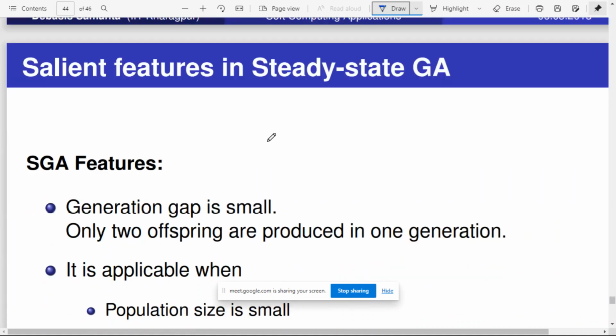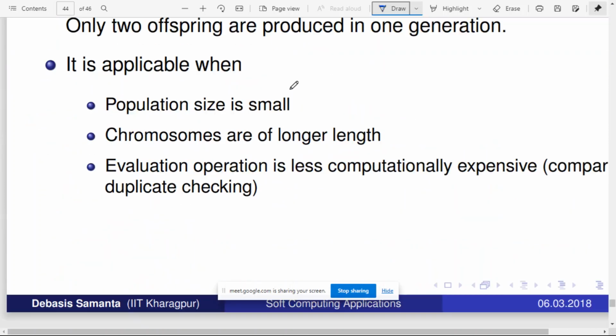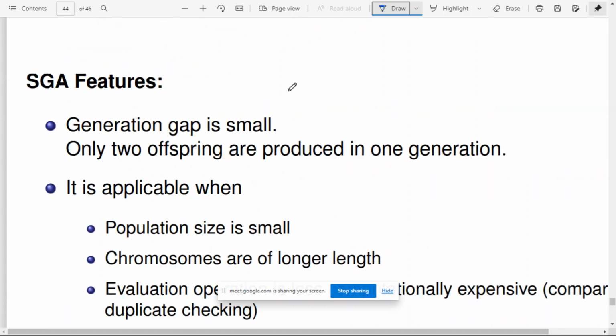Okay, so these are the salient features in steady state GA. This is SSGA, not SGA, the steady state genetic algorithm. So the generation gap is small. Only two offsprings are produced in one generation.